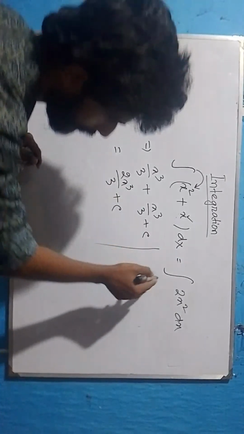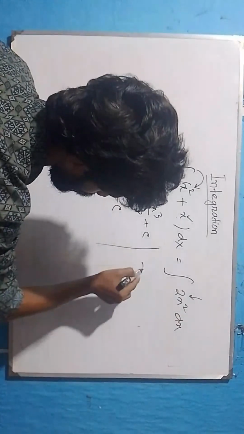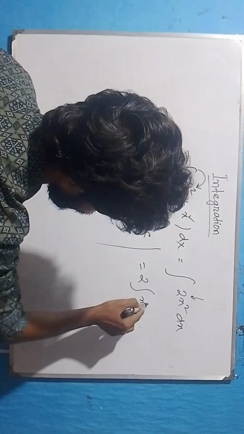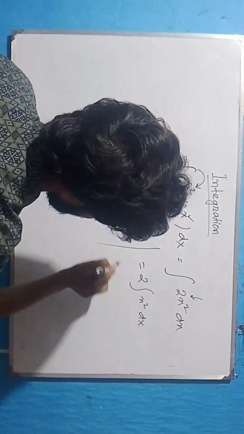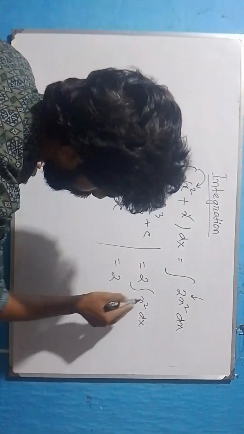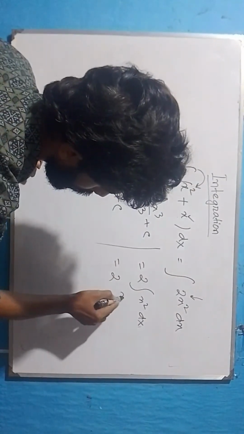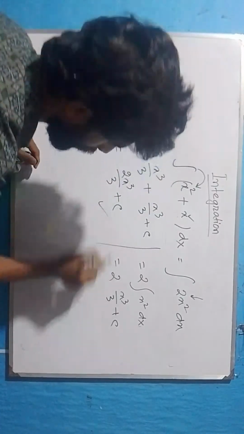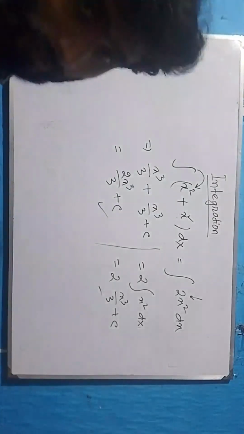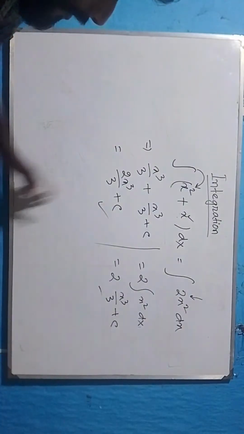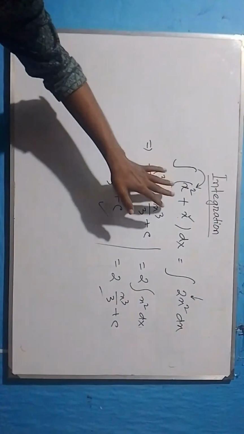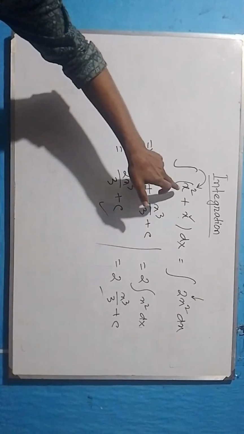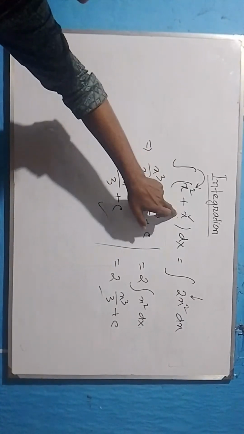And you can see this constant term comes in front of the integration, and then the rest. Now x square, if you integrate, is x cube over 3 plus c. So if this and this are alike, this part shows x square plus x square.